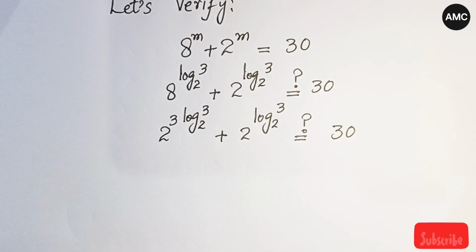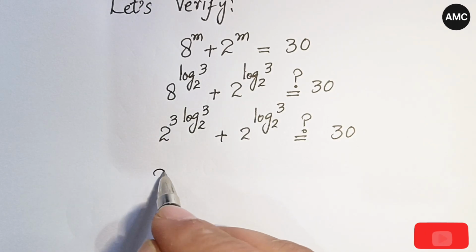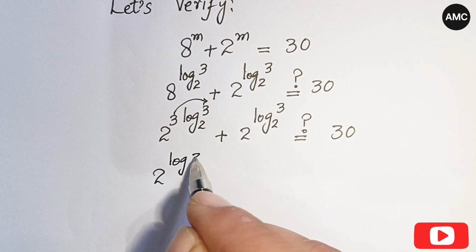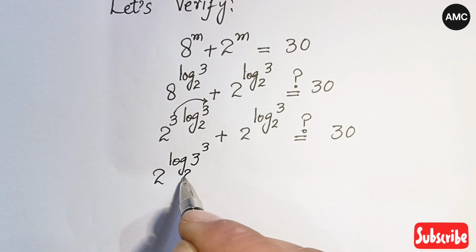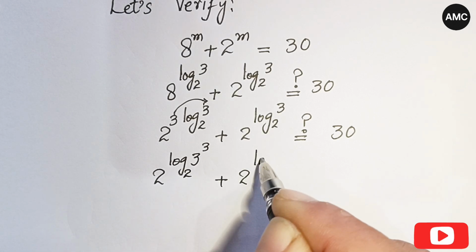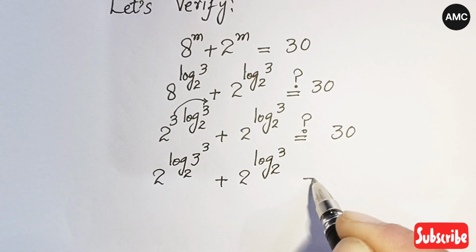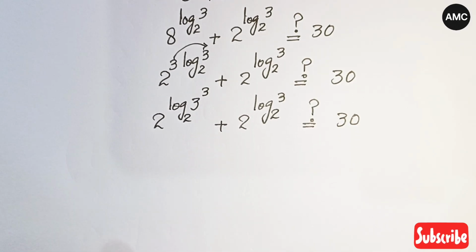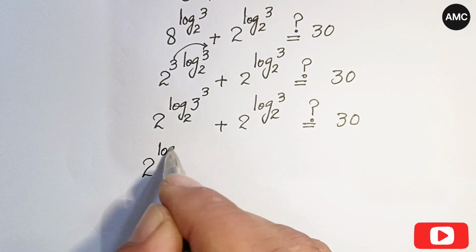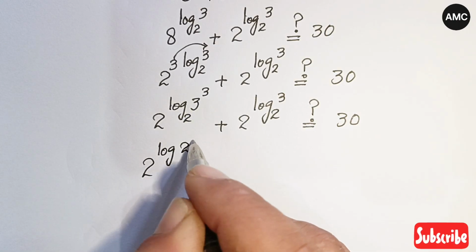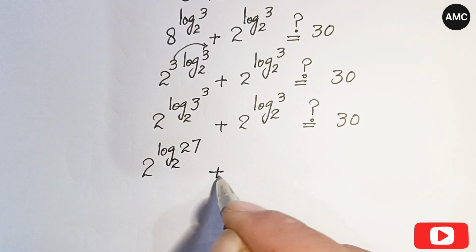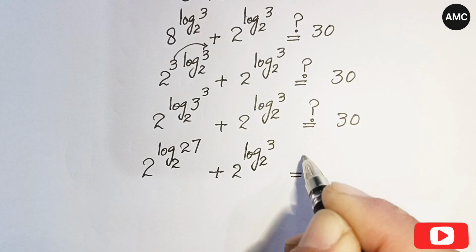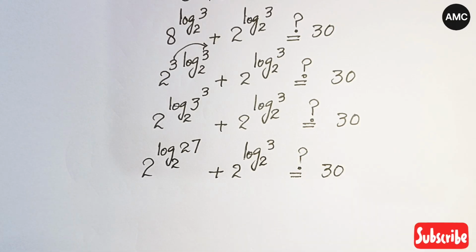Now here this 3 can be written as 2 to the power, shifting this 3 here, so we have log 3 cubed to base 2 plus 2 to the power log 3 to base 2, is it equal to 30. Now 2 to the power log 3 cubed means log 27 to base 2 plus 2 to the power log 3 to base 2, is it equal to 30.